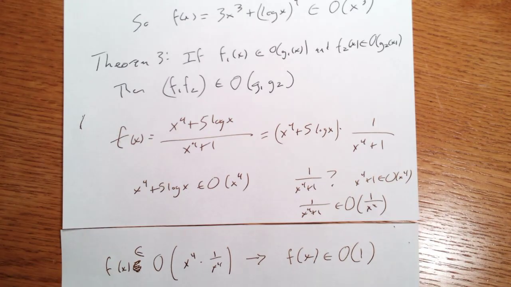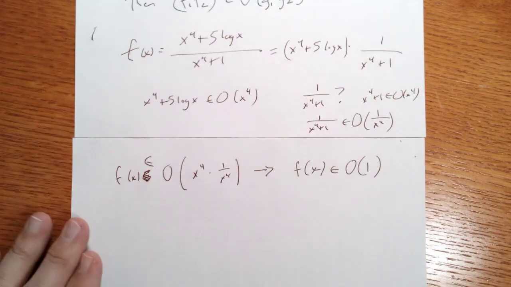All right, wait a minute. What's it mean to be big O of 1? Oh, well, that means as you go off to infinity, you're never going to get bigger than some constant. This tells me that this graph should have a horizontal asymptote.